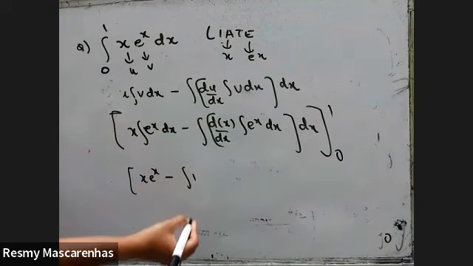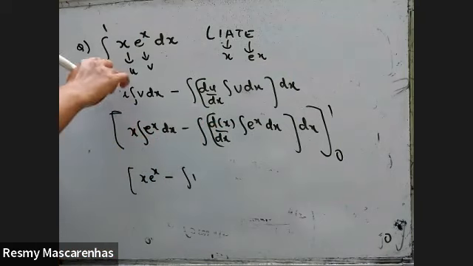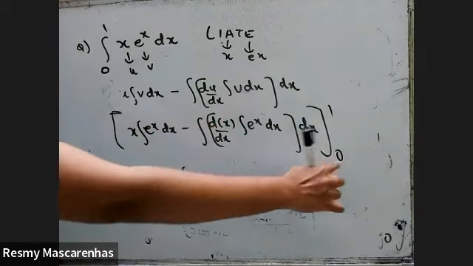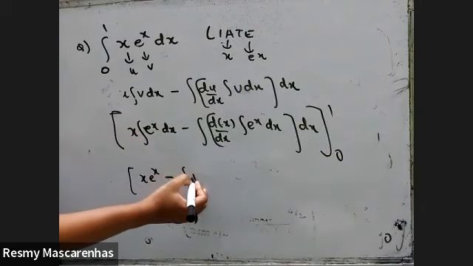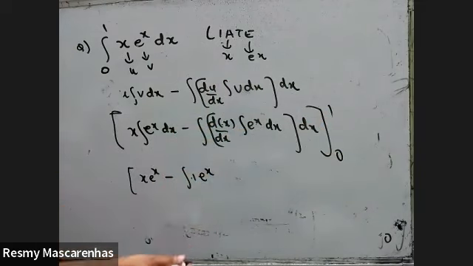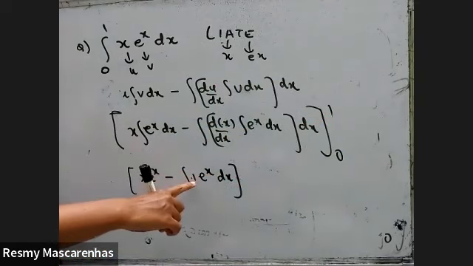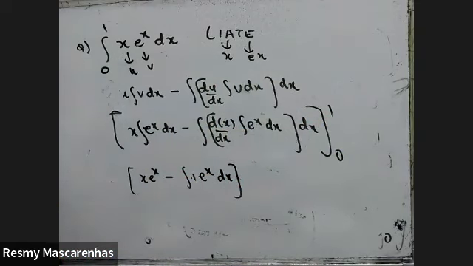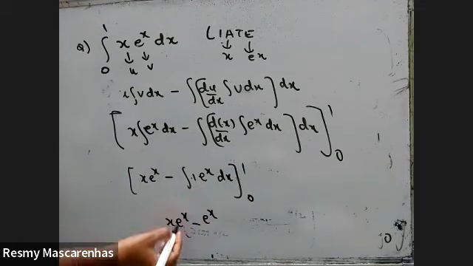Derivative of x is 1. Don't put separate 0 to 1, 0 to 1. Don't do like that. This belongs to the overall answer. Derivative of x is 1. Integral of e raised to x is e raised to x only. So derivative 1 into e raised to x is e raised to x.